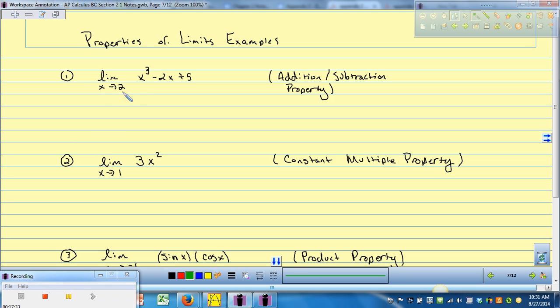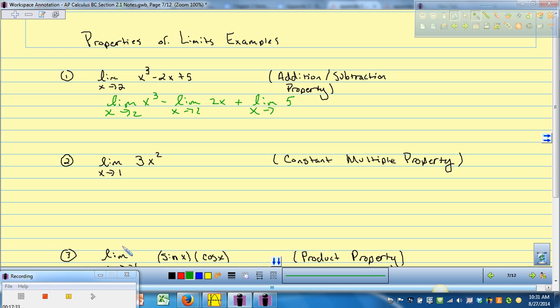So when I see the limit as x approaches 2 of x cubed minus 2x plus 5, if I'm just going to plug in that 2, then really what I'm doing is the limit as x approaches 2 of x cubed minus the limit as x approaches 2 of 2x plus the limit as x approaches 2 of 5.